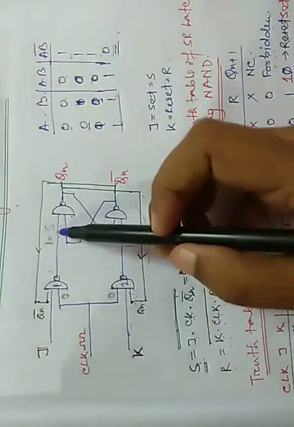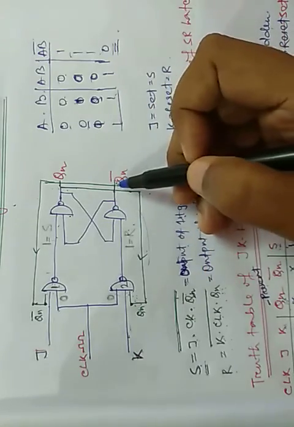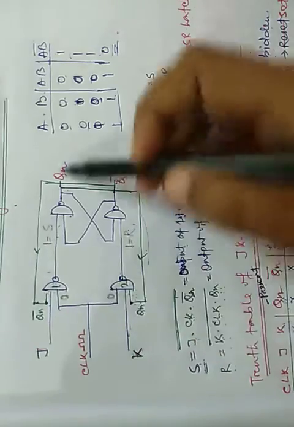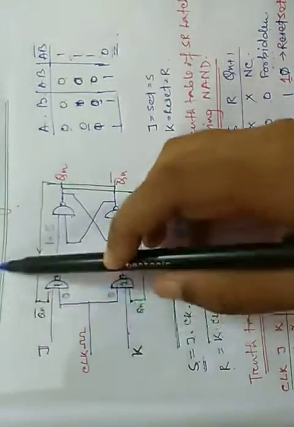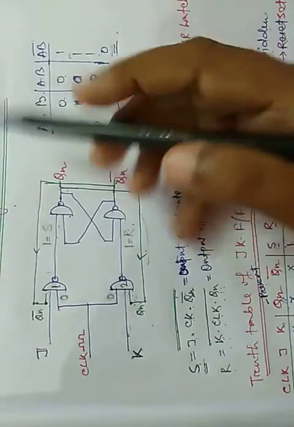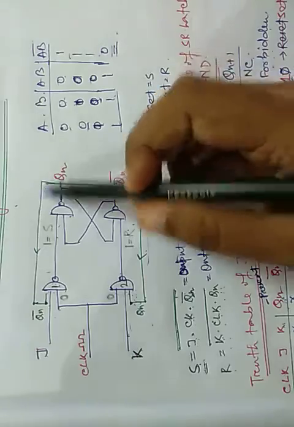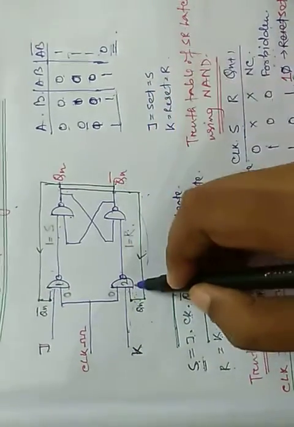Circuit diagram means here SR flip-flop using NAND gate is used, and the Qn bar goes as an input in the first gate and Qn goes as an input in the second gate. But in JK flip-flop using NOR gate, the output of the upper gate goes as input in the upper gate, and the output of the lower gate goes as input in the lower gate.